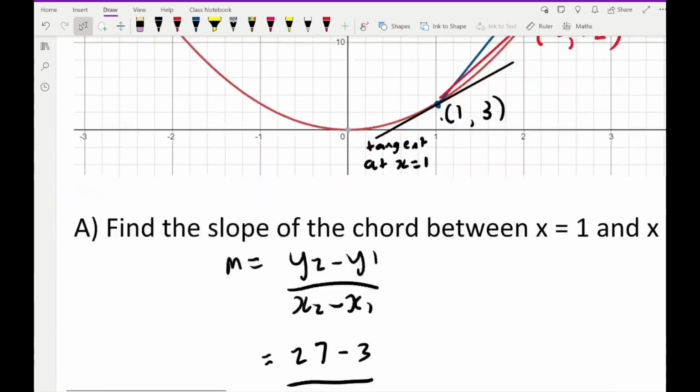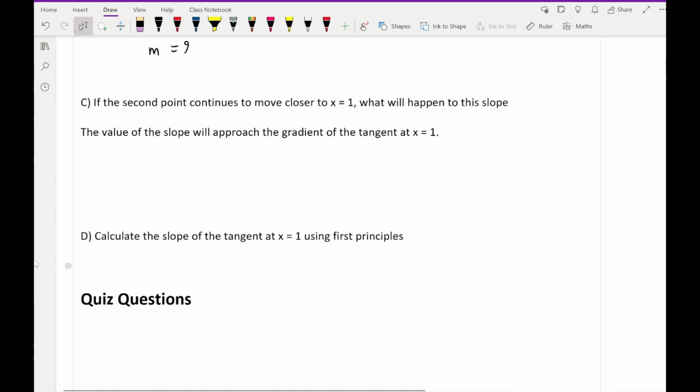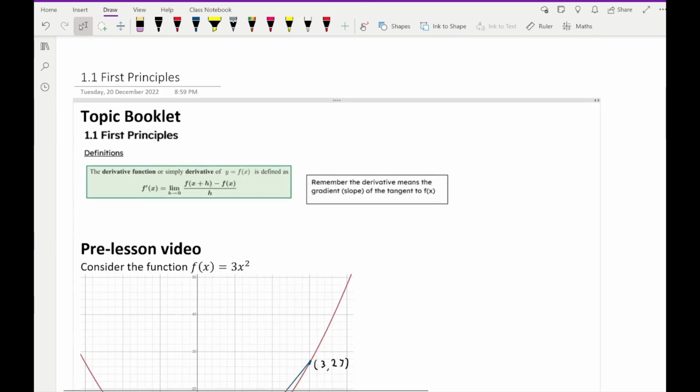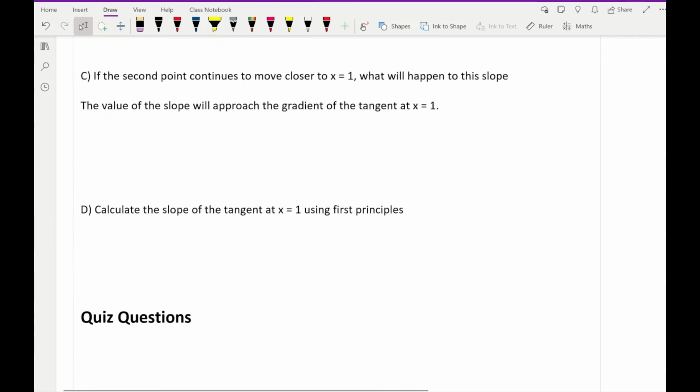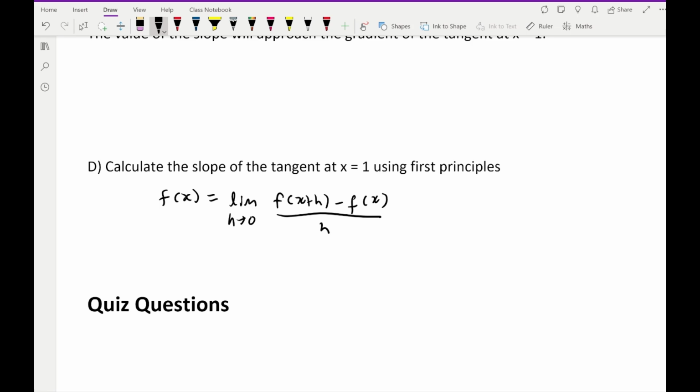Okay, so we're going to use first principles to find the slope here. And that has the standard formula, which we see in our topic booklet. And it looks like this. Limit as h goes to 0, f of x plus h minus f of x all over h.